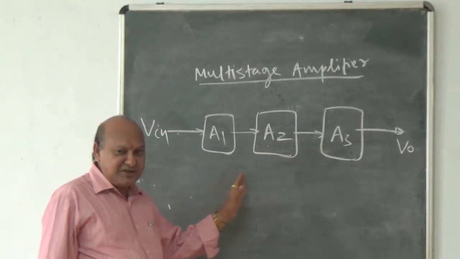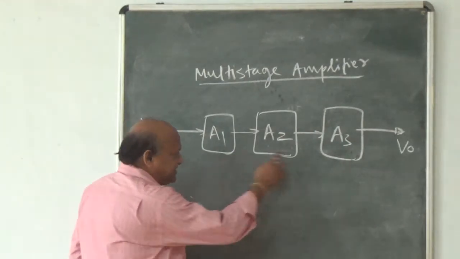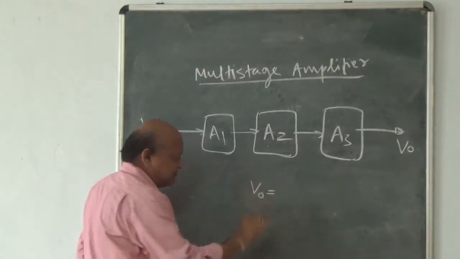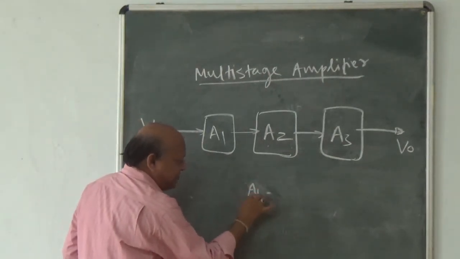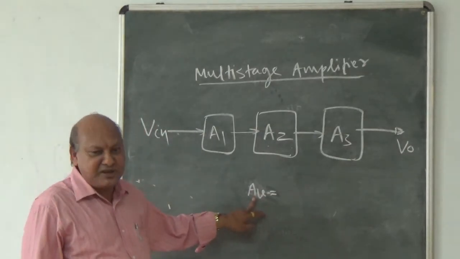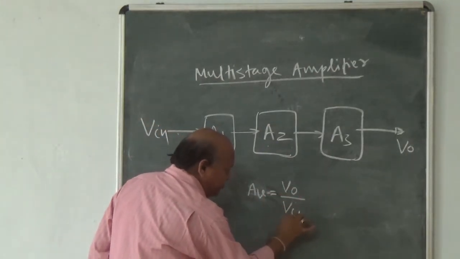Now, what is the basic need of this multi-stage amplifier? It basically provides high gain. Gain is multiplied here. Gain is given by AV, abbreviated as voltage gain, which is equal to output voltage upon input voltage.